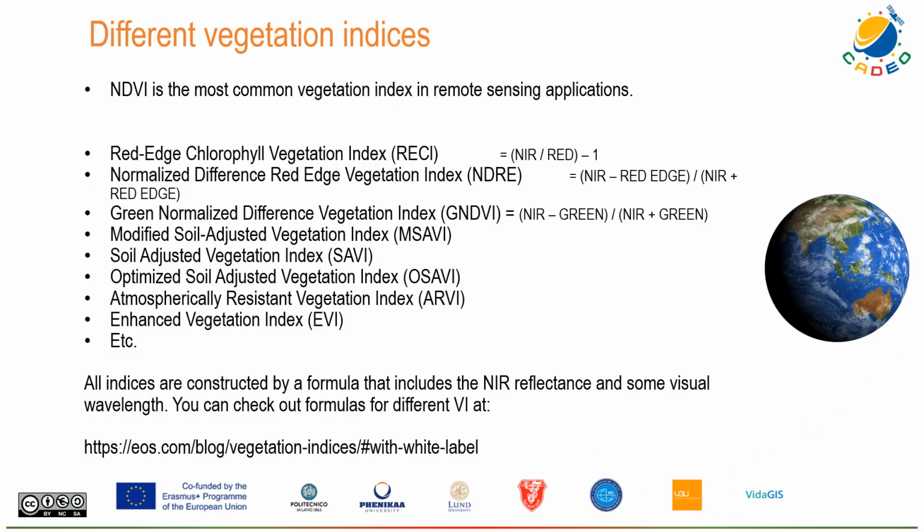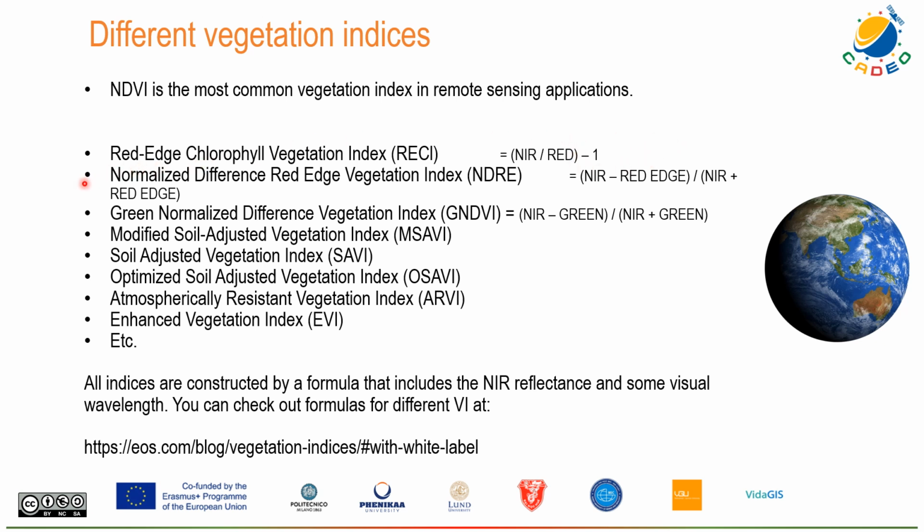There are different vegetation indices. Even if NDVI is the most commonly used vegetation index in remote sensing applications, there are many others. For instance, the red edge chlorophyll vegetation index, which is calculated by dividing the near infrared reflectance with the red reflectance and then minus 1.